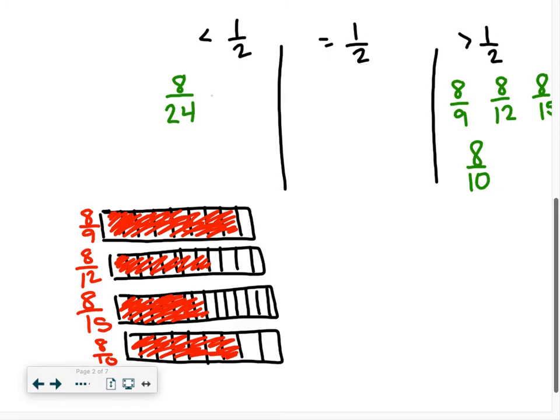So more of the total colored in? Exactly.